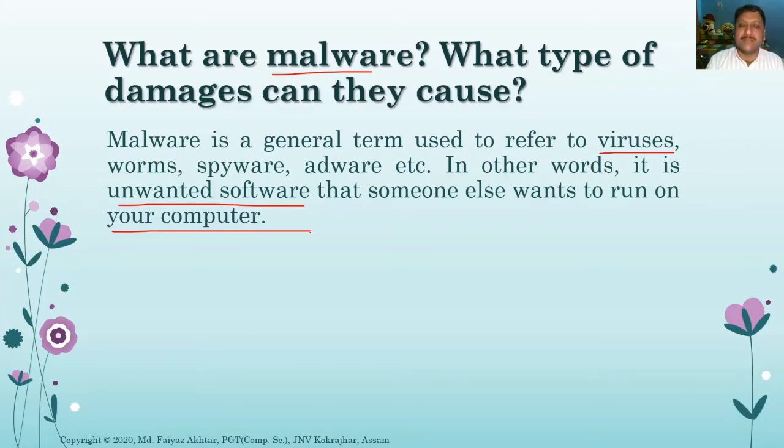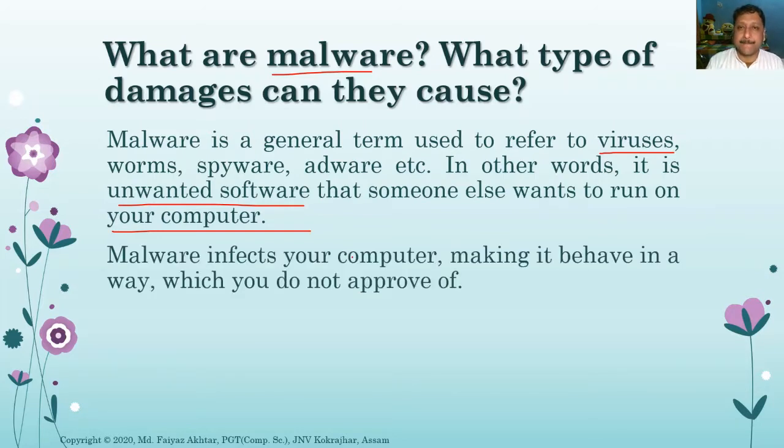They will collect your information. These things will happen in your computer. This is known as malware. Malware infects your computer, making it behave in a way which you do not approve of. If malware comes into your computer, or some malware software gets installed in your computer, then the computer behaves in a way that you do not approve of, meaning you do not desire that your computer works like this.